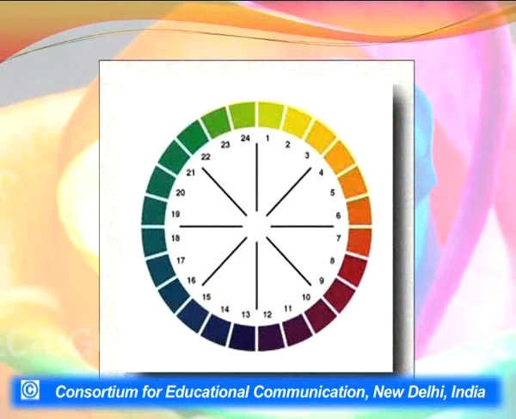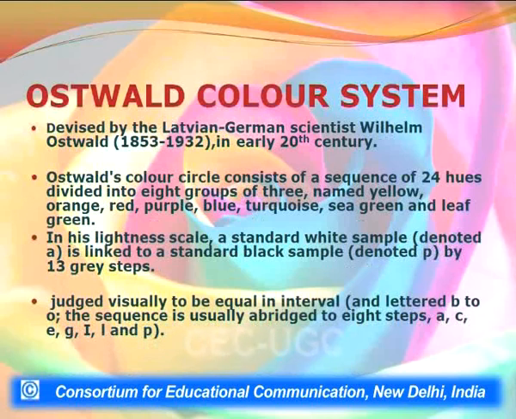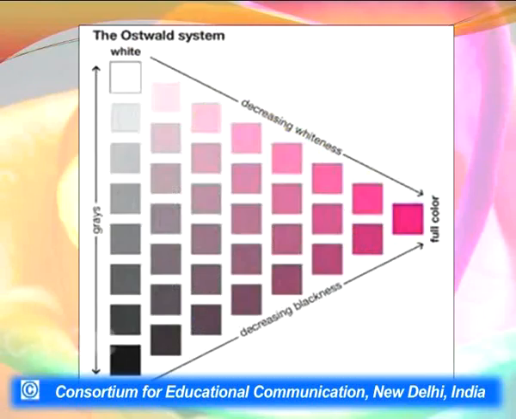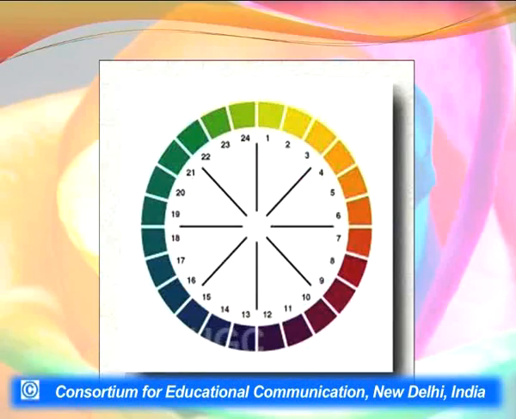So these are the 24 grades as we discussed in the previous slide. Where we discussed turquoise, blue and red, yellow, orange, red, purple, blue, turquoise, sea green and leaf green, you will find those 8 colors.